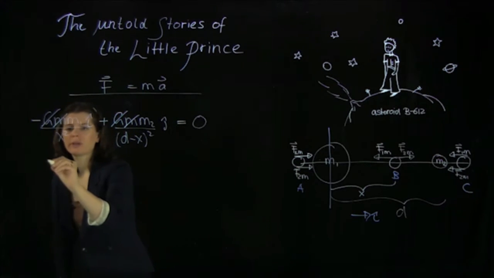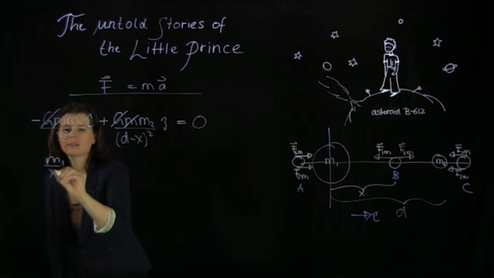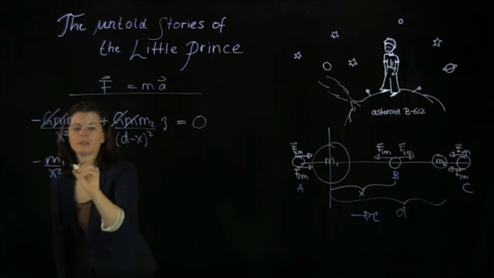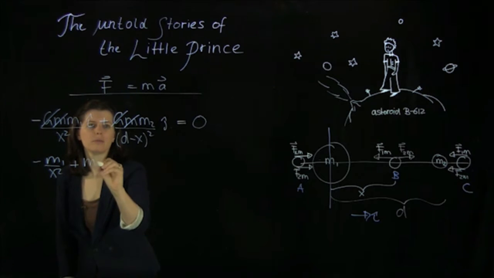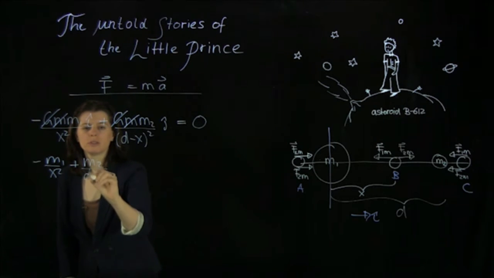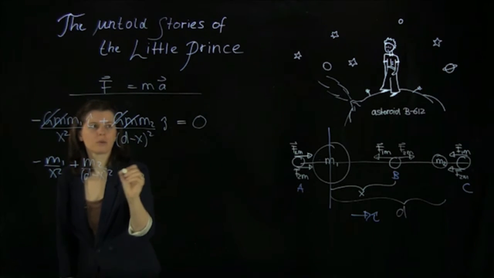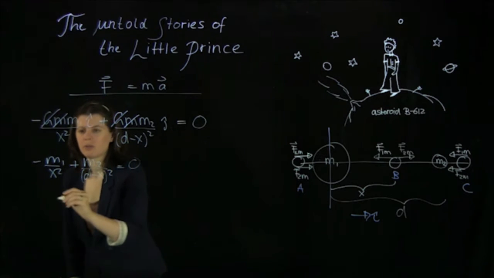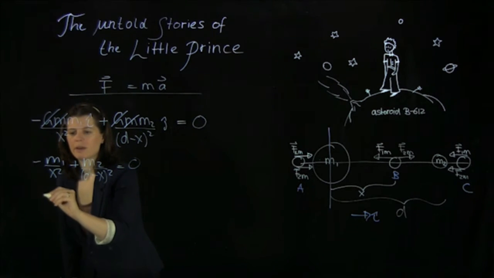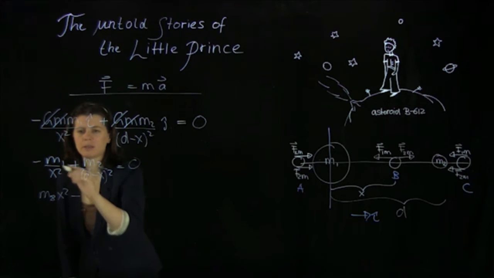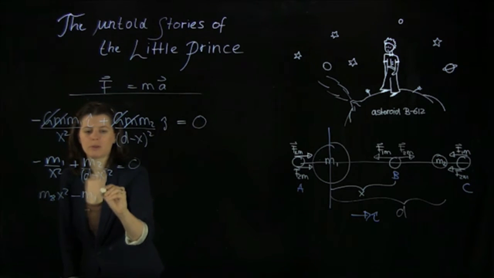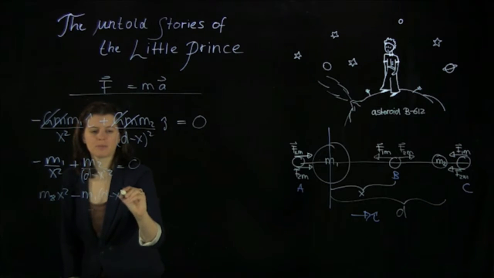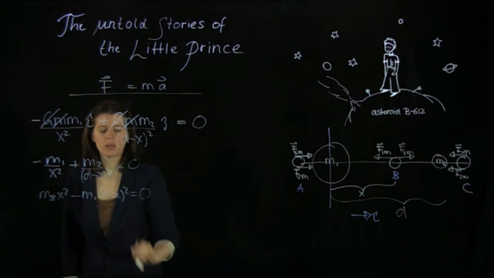And then we're left with m1 over x squared equals m2 over (d minus x) squared. And we can write that as m2 x squared equals m1 (d minus x) squared.